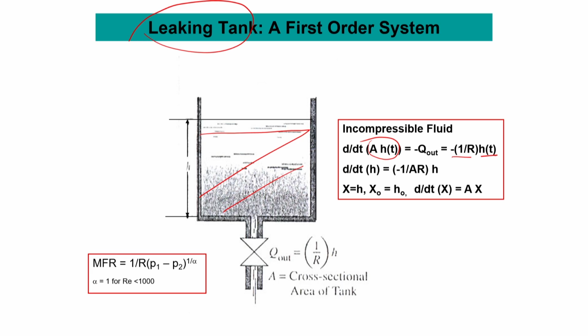That means you can write it down as a first order differential equation. Using this relationship, this becomes a standard relationship of a first order system, something like x dot equals a x, a simple first order system.